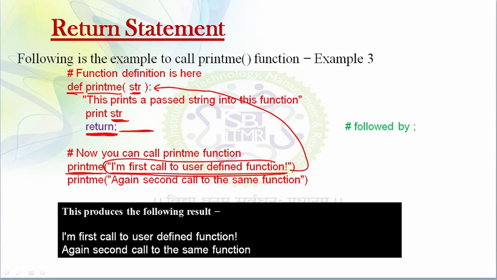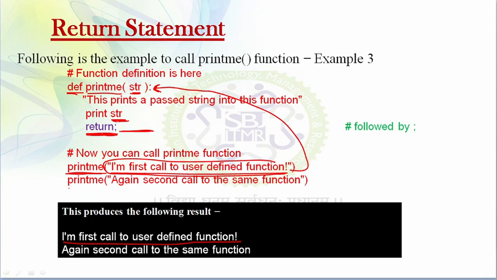This complete string will be passed as it is to this string variable, and in this function I am simply printing the value. So it will print my first output of my calling function as I am first to call user defined function.